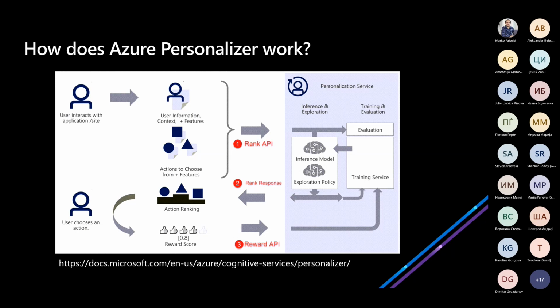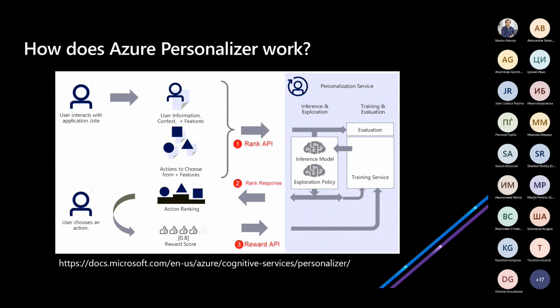And then the application has some specific items that it wants to display to me. These are the actions, and these items have different features that make them unique, which the Personalizer needs in order to recommend them to me.